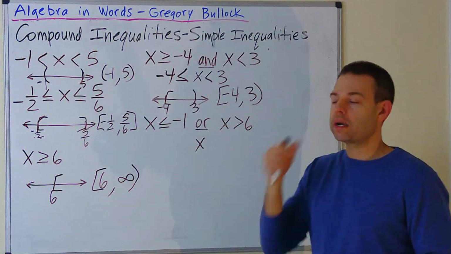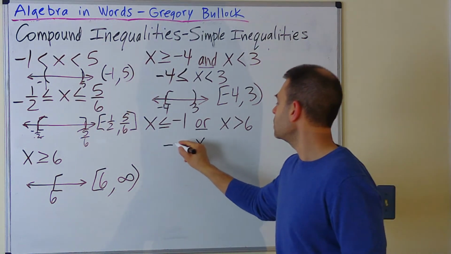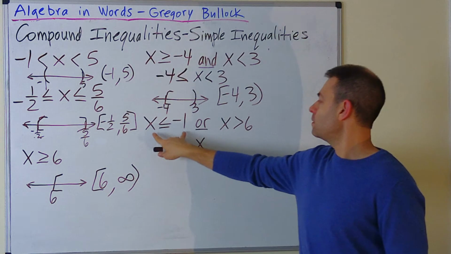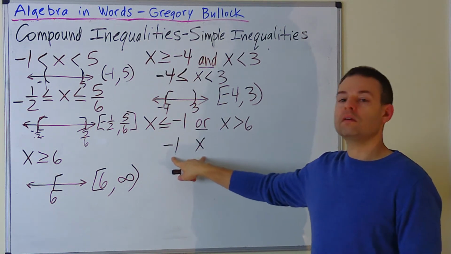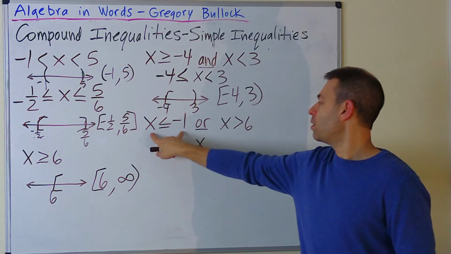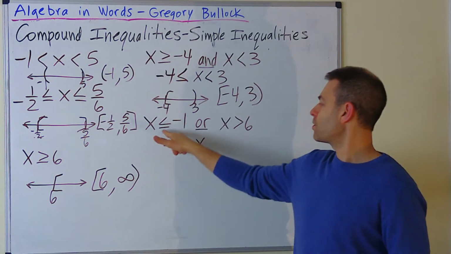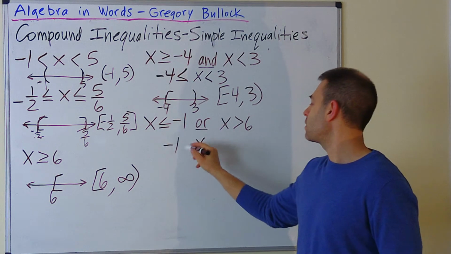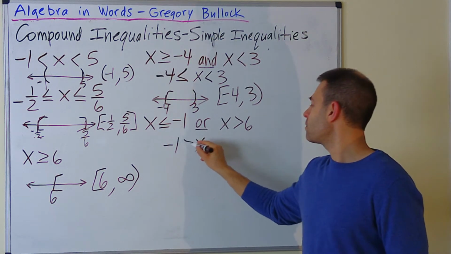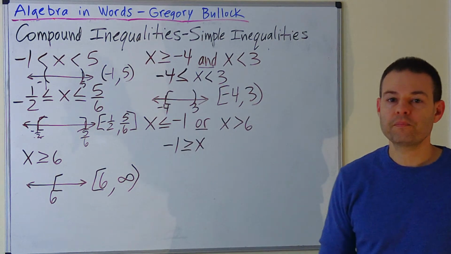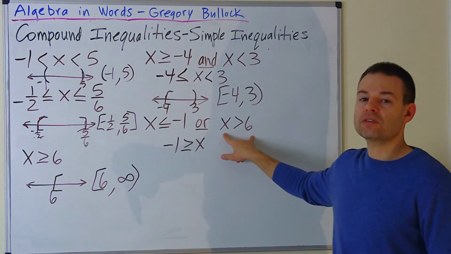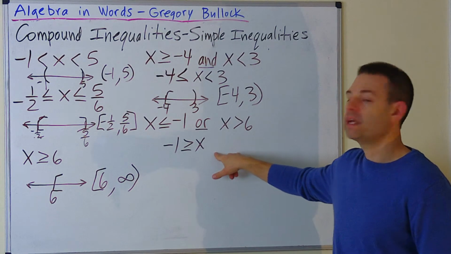It's -1. So the -1 is going to go on the left. And again, to make this fit into the compound inequality, we're going to just flip this. So where this was x less than or equal to 1 is now -1 greater than or equal to x. And now we're just going to take the x is greater than 6 and place that right here.